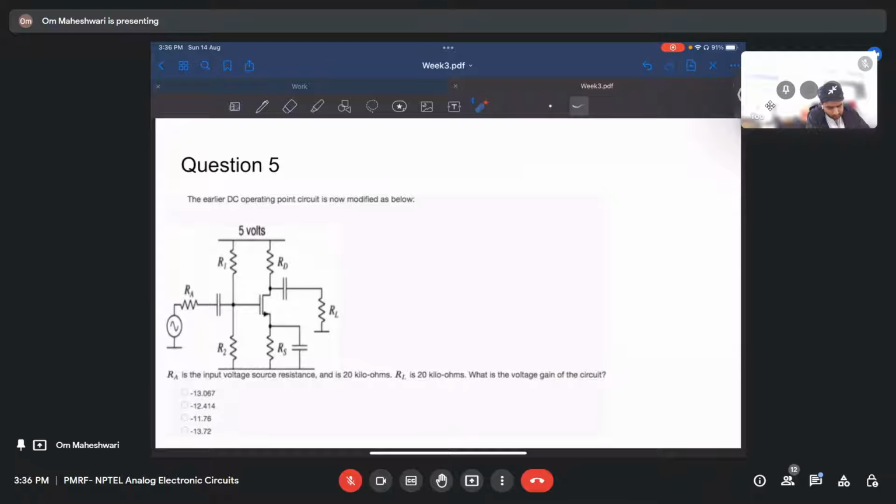If you see clearly, we are applying input at gate and we are taking output from drain. So this is a common source amplifier. And if you have seen videos, the gain of common source amplifier is minus GM Z out, right?